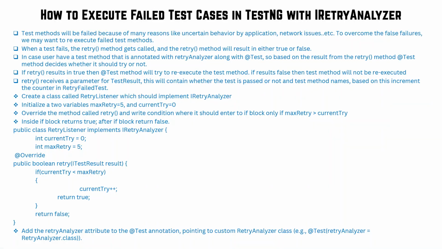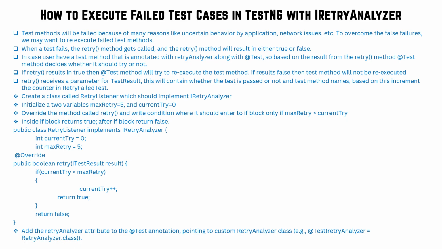What is the way I can implement it? You need to add the retryAnalyzer attribute to the @Test annotation, pointing to the custom retry analyzer class. Add it to @Test, and whatever fails, you can re-execute. Otherwise, you can try to map it for all the test cases, but you do not know which test cases will pass or fail.